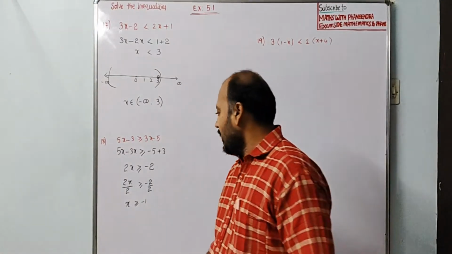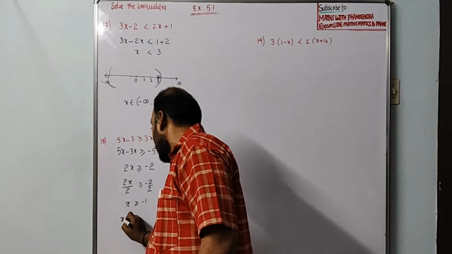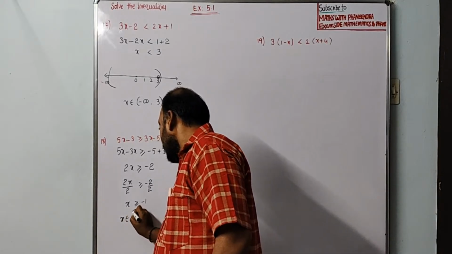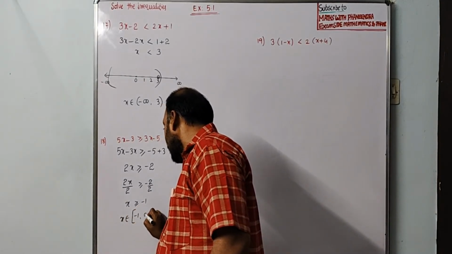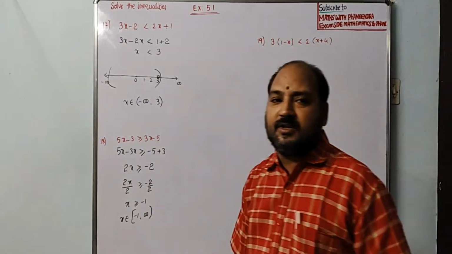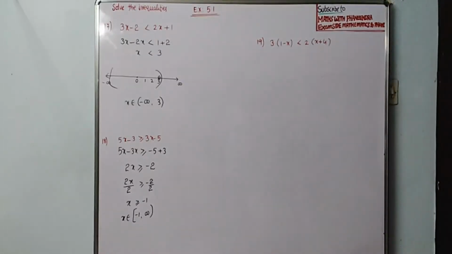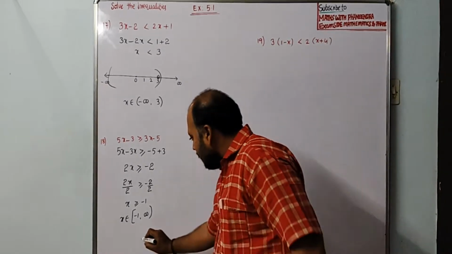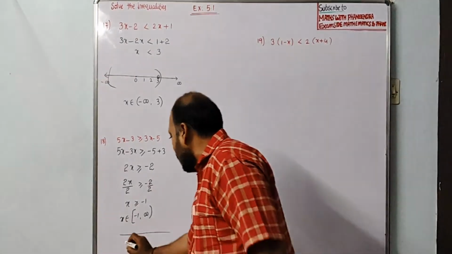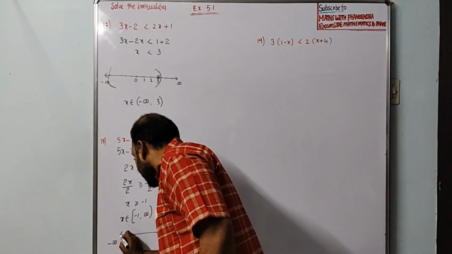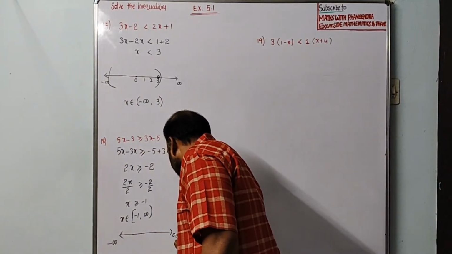X is greater than or equal to minus 1 means x belongs to closed minus 1 to infinity. We have to represent it in number line form. Are you able to see, dear students, all of you? See here, I am going to draw the real number line, minus infinity and plus infinity.